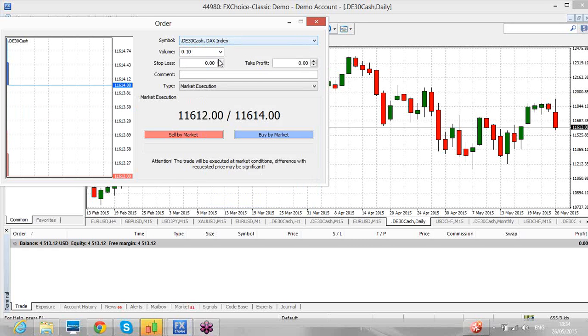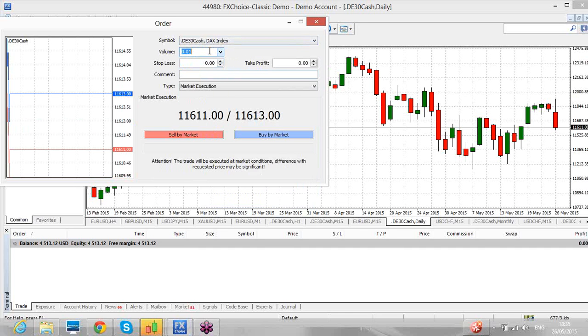Now the first thing I want to show you is the volume. On your FX Choice broker account, be very careful here with the volume. 0.01 represents a 25-cent move. So if the DAX moves 1 point from 11610 to 11611, that is a 25-cent move.